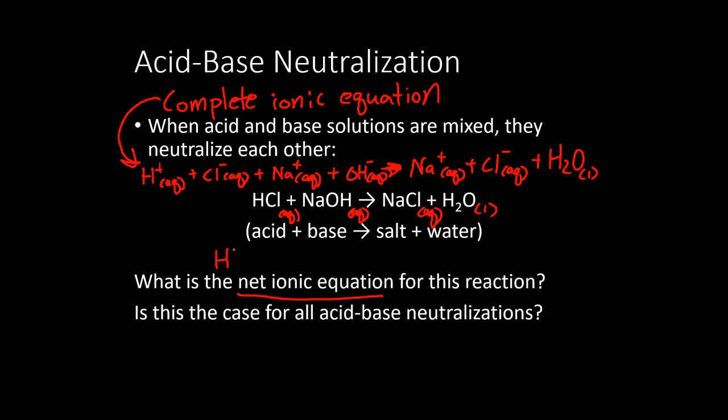And so the net ionic equation here is just H plus in aqueous phase plus OH minus in aqueous phase goes to water in liquid phase. And that's it. And this is the same net ionic equation for any acid-base reaction between strong acids and bases.